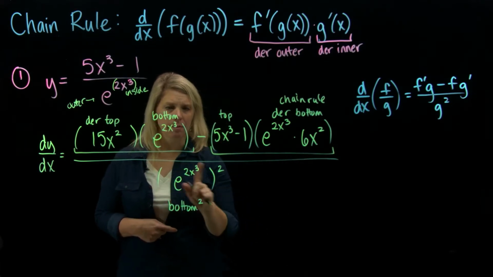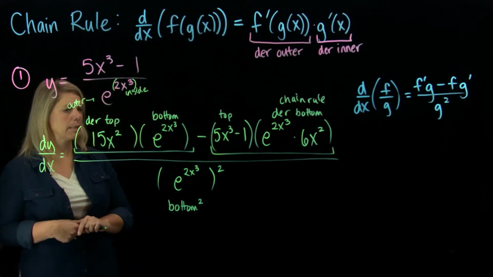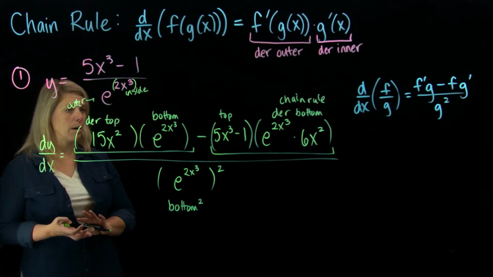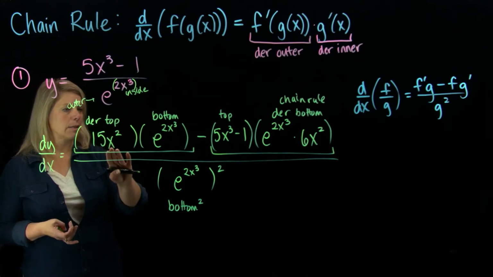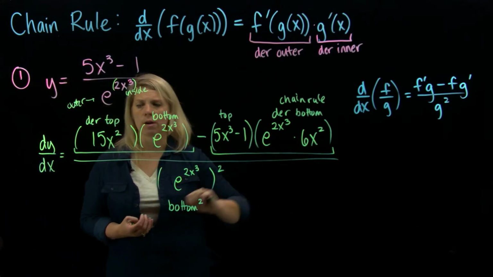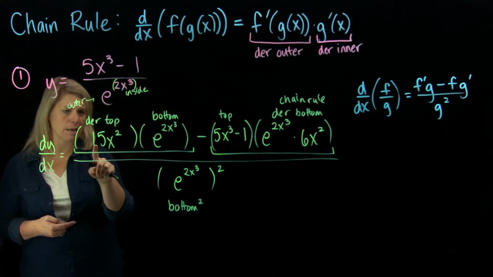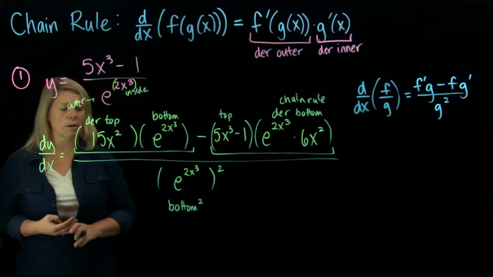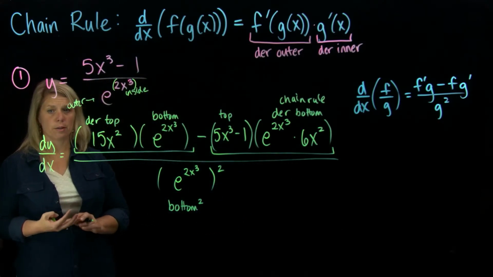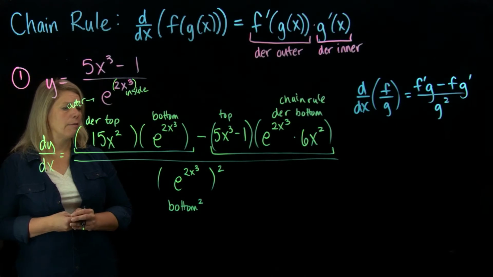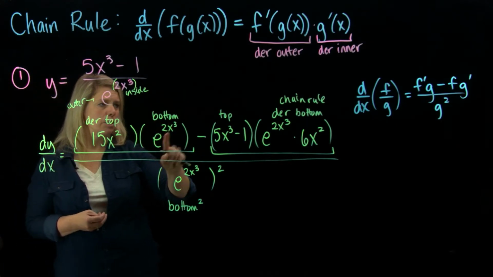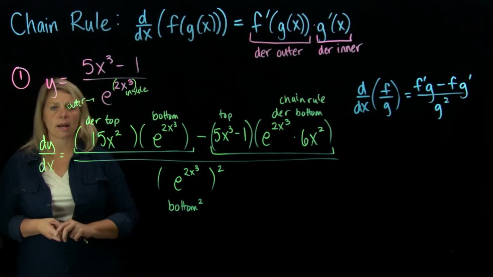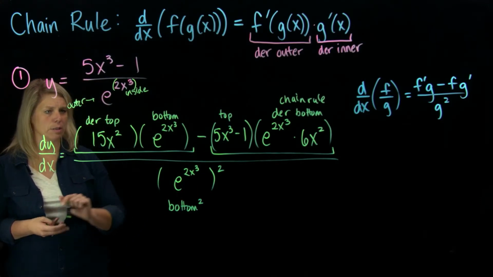And notice I have some of those in the denominator that I'll be able to cancel. There are also other common factors that I could choose to factor out if I want to. There's an x squared in both of those, and a factor of 3, a 3 in the 15 and in the 6. So if I wanted to also factor out the 3x squared, I could do that. I'm going to go ahead and leave that in and just factor out the e to the 2x cubed. That is a common factor for both of those, so that I can cancel that with one of my exponential functions in the denominator here.